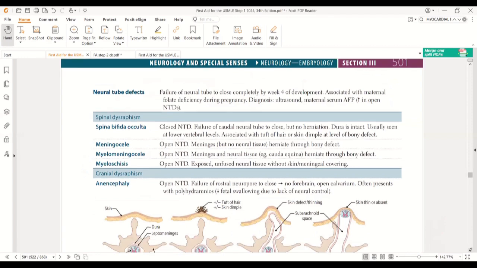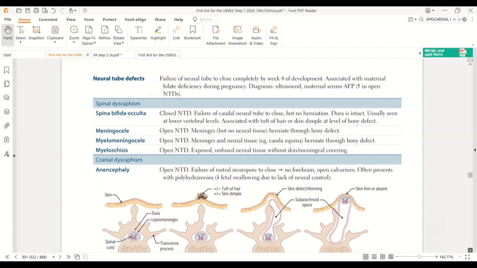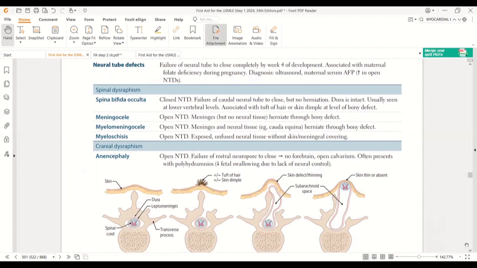Okay. So neural tube defect, again, super high yield stuff. The neural tube defect may be due to failure of fusion. Let's suppose this is a neural tube. This is the rostral portion, and this one is the caudal portion.